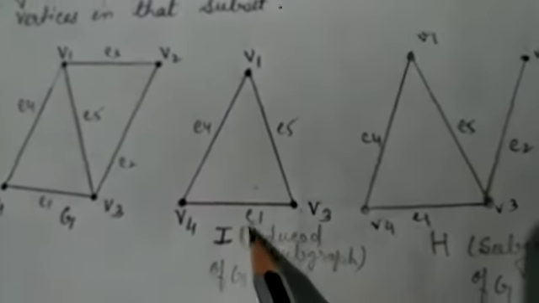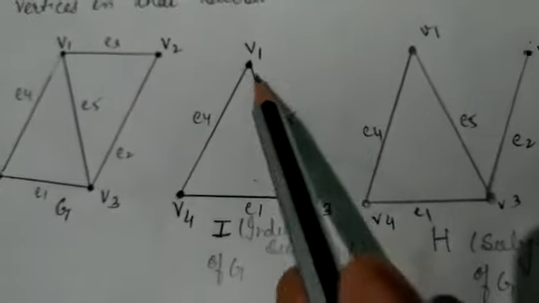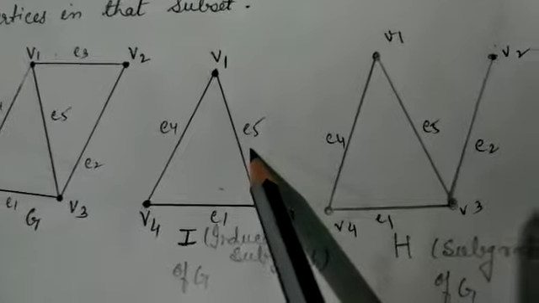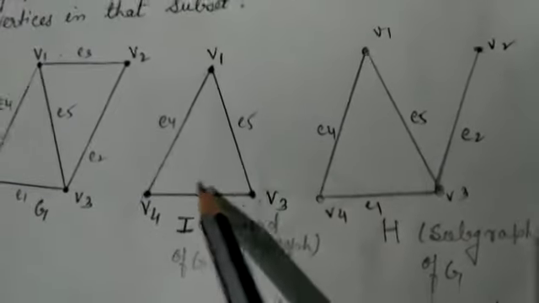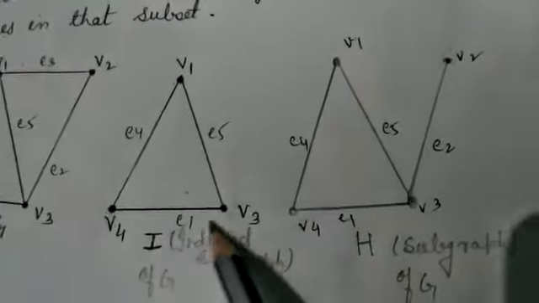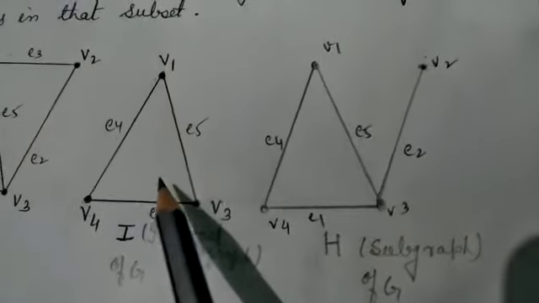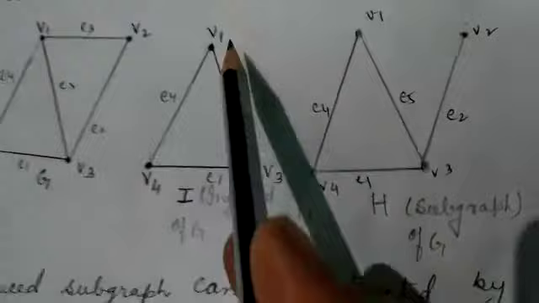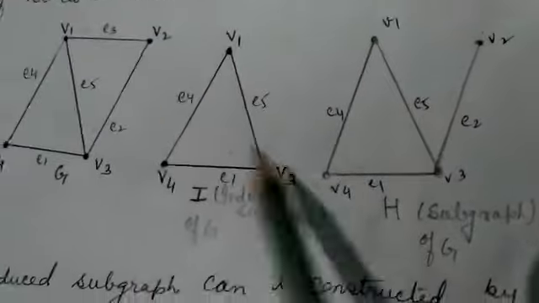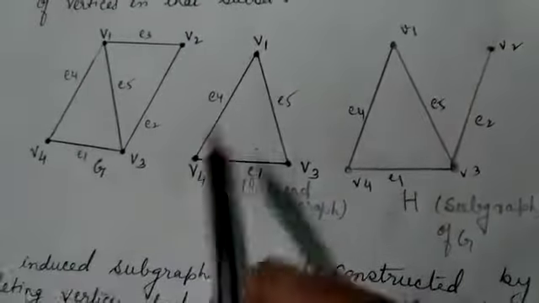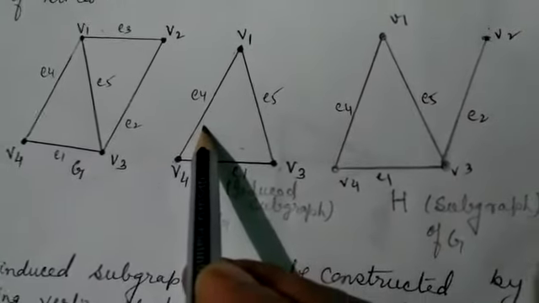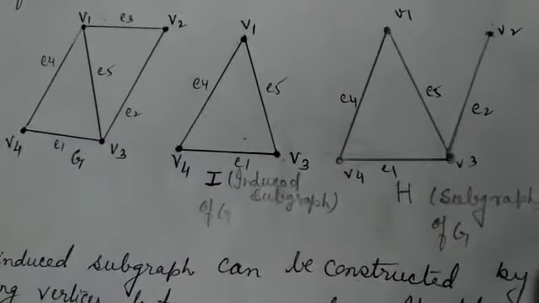V4, V3 is connected with the edge E1, and V1, V3 is connected with the edge E5. So this is an induced subgraph. It is formed from a subset of vertices V1, V4, V3 of the original graph G and all the edges connecting pairs of vertices in that subset.